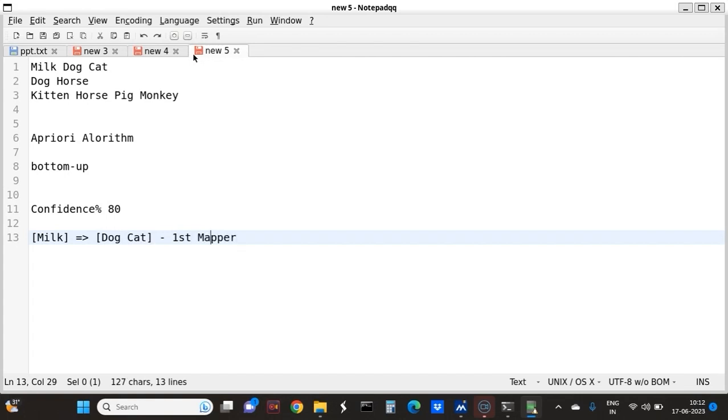So after that mapping, I will search for the next one. So this is the first mapper. The second one will be dog.